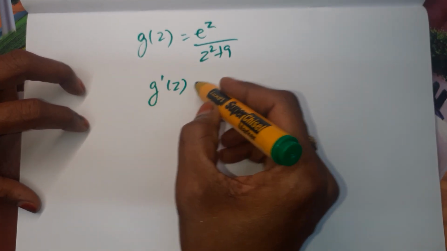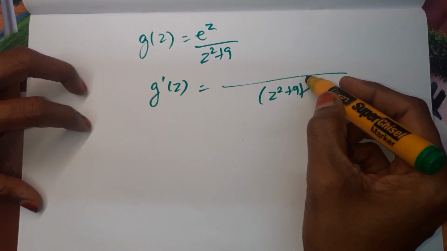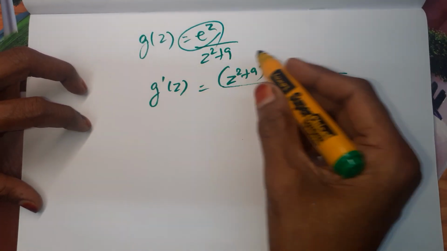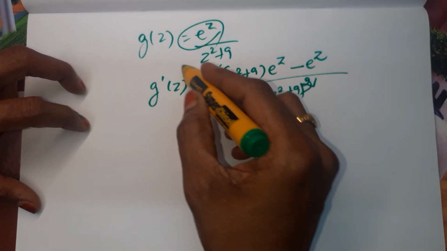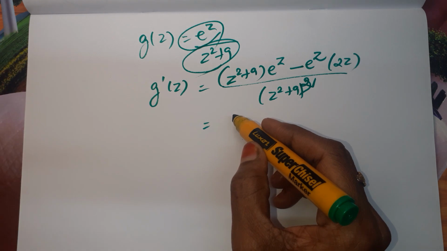g dash of z is equal to denominator term whole squared, then denominator into e power z differentiated, e power z, minus e power z as it is, into the derivative of the denominator, 2z. So which is equal to z squared.